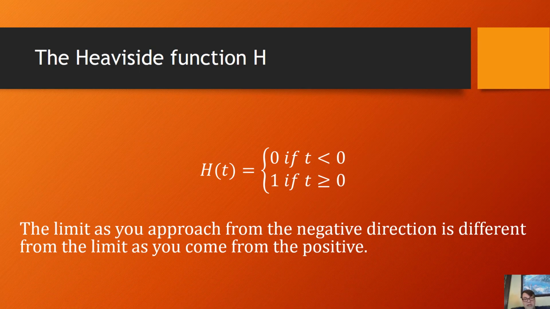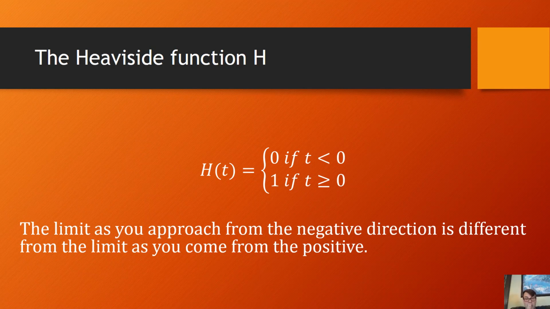So now let's talk about limits. As you approach this from the negative direction, from the left, you have a different limit, because the limit as you approach from the left is 0. But the limit as you approach from the positive direction is 1. And so you basically have different limits at the same point.